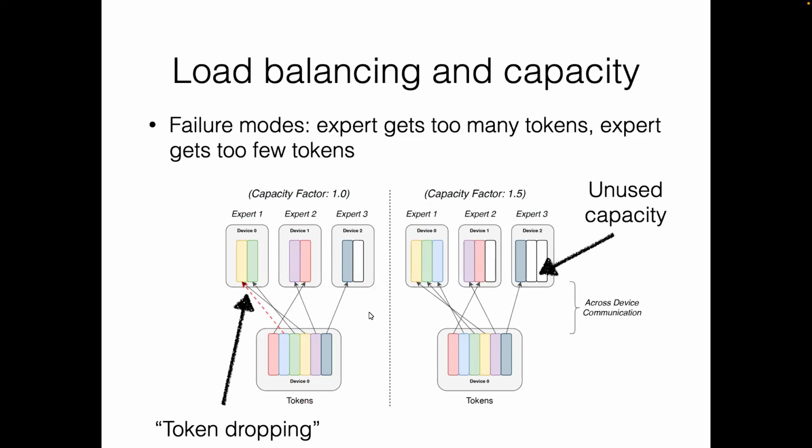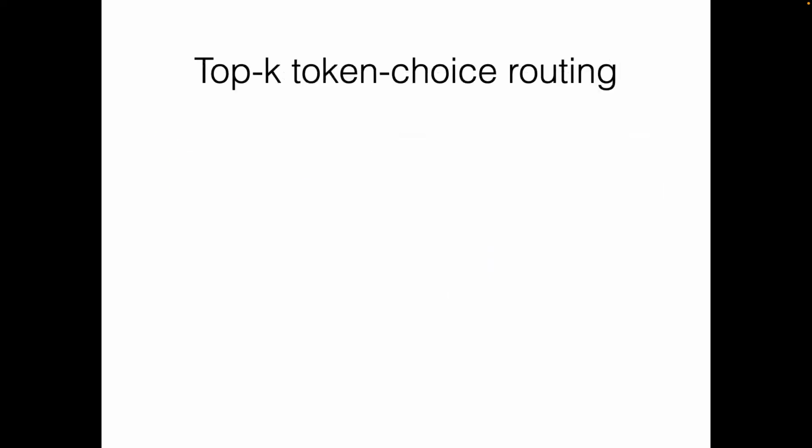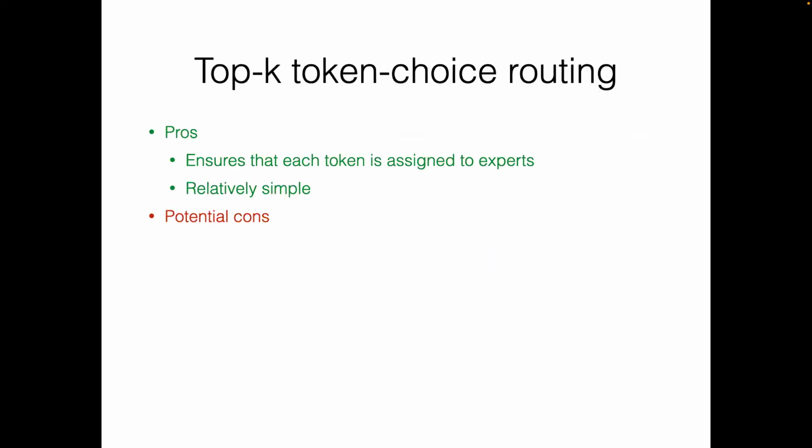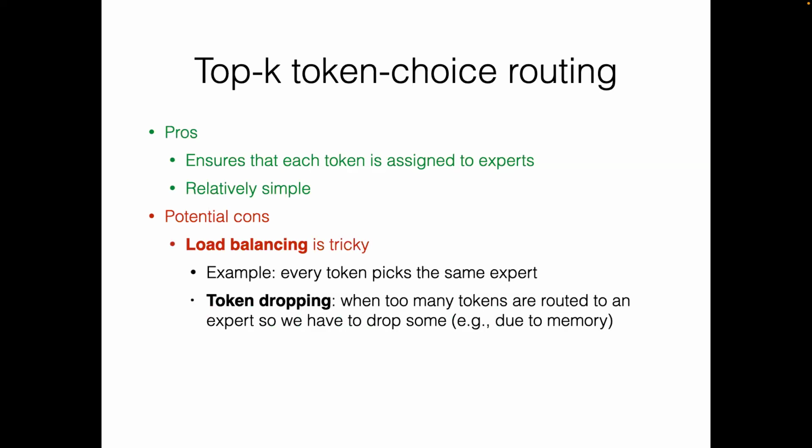Now, if you think about it, this picture here depends on using this token selection strategy, right? It comes as a result of us saying a token can decide which expert it gets sent to. And so when we think about the pros and cons, we'll list this as a potential con with token choice.